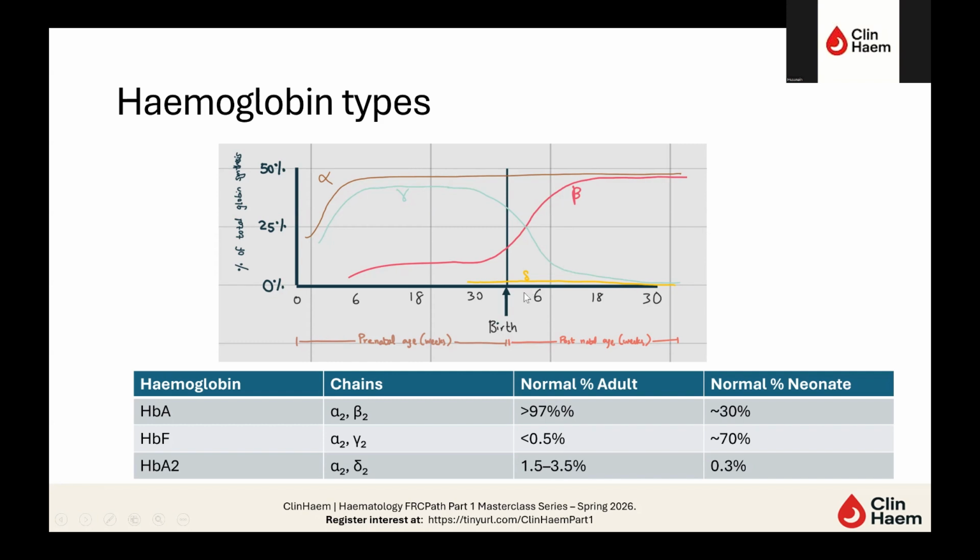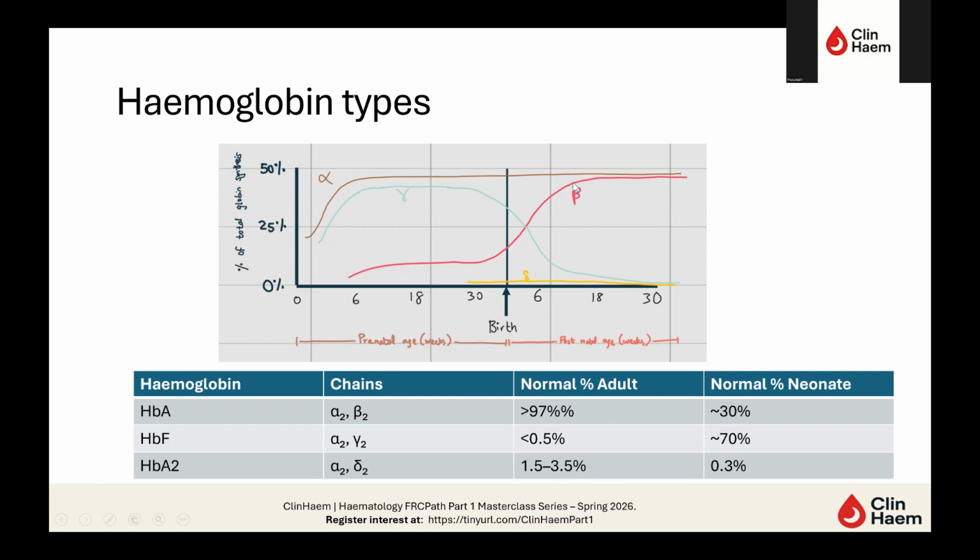After 3 to 6 months of age, your gamma production is basically starting to go down. Beta is going to go up.